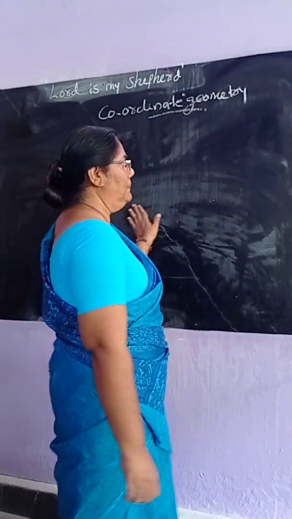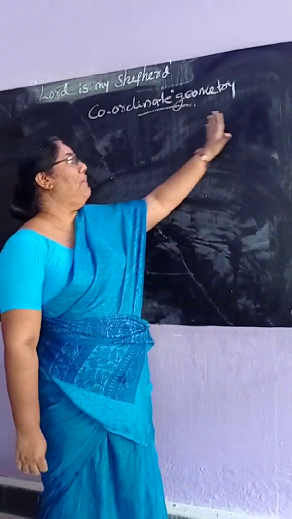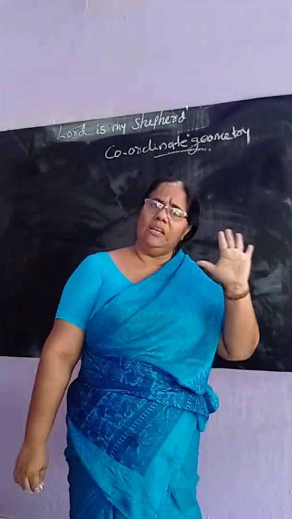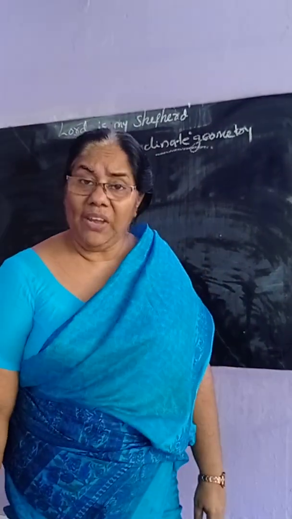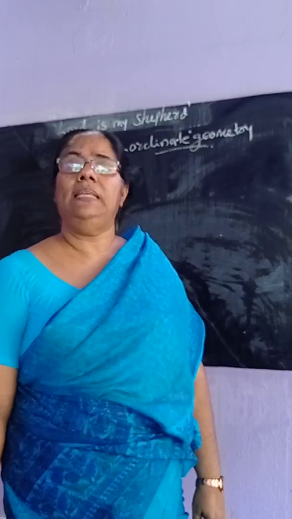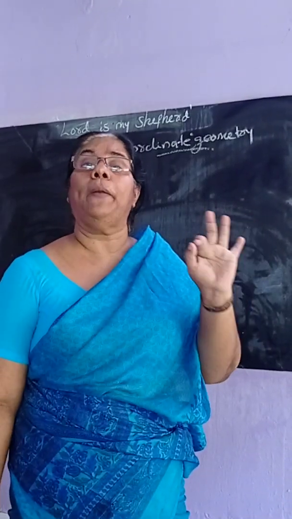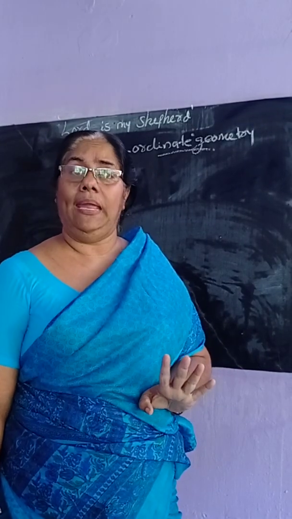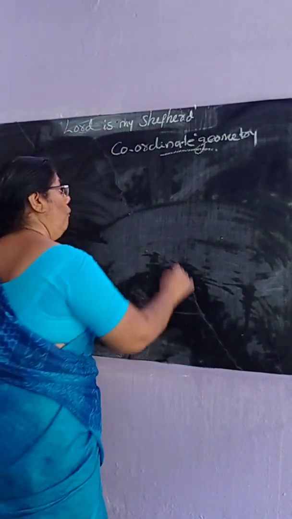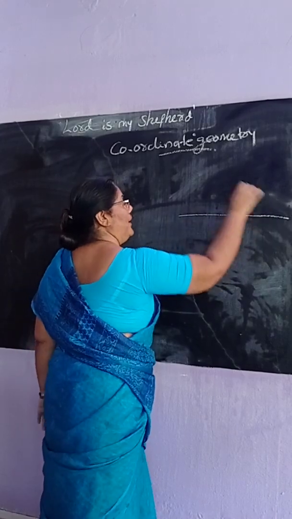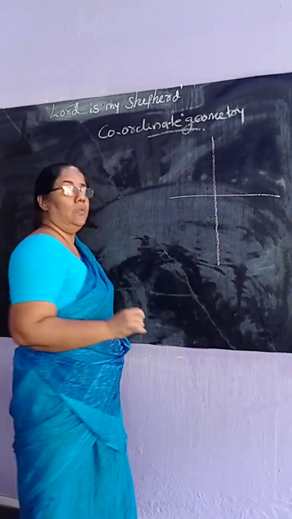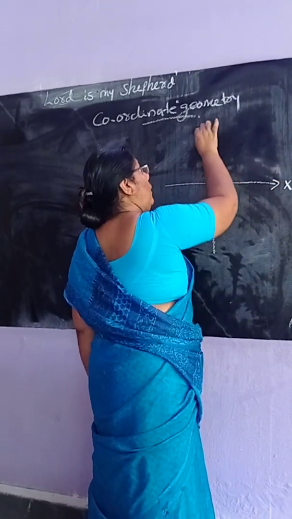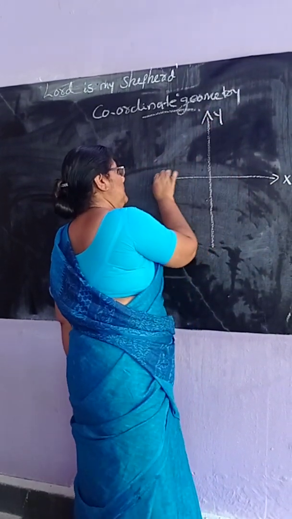Now listen, this is a flat surface. This board is a flat surface. We can divide this flat surface, or plane, the word is P-L-A-N-E, plane, into 4 equal quadrants using the x-axis and y-axis.